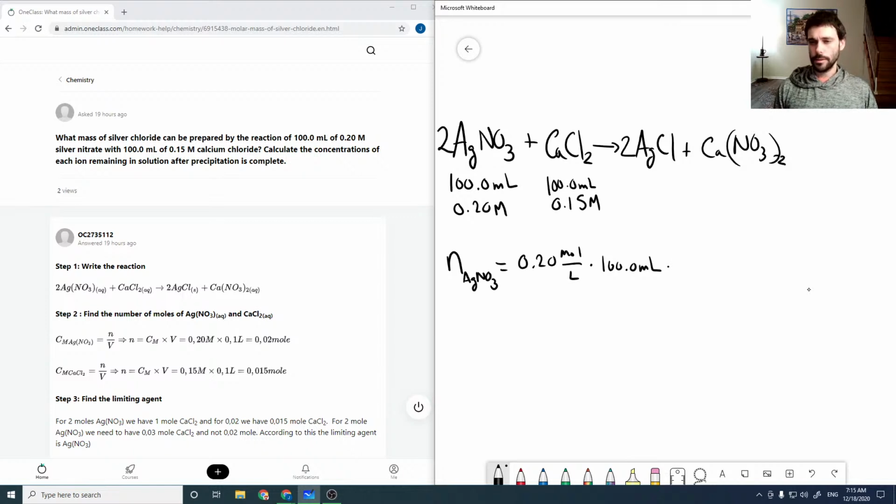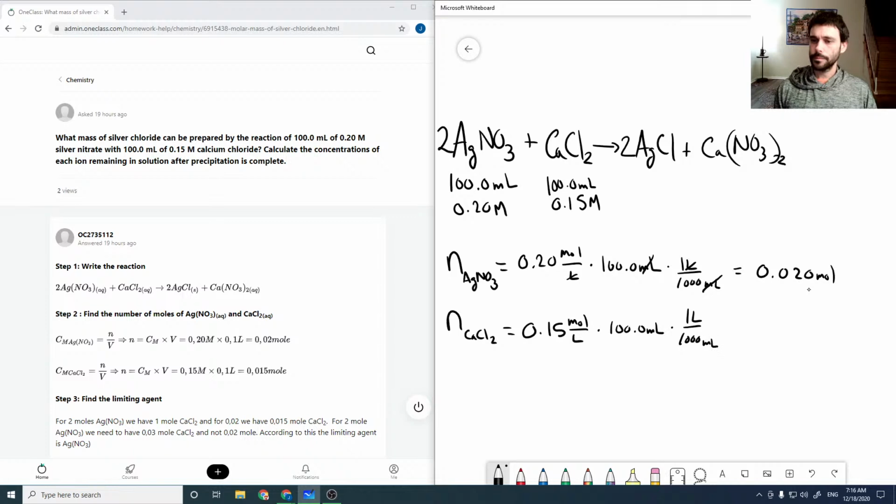This needs to be in liters, so 1 liter per 1,000 mL. Then our mL will cancel and our liters will cancel, and we get an answer in moles, which is just 0.020 moles. Now if we check our moles of calcium chloride, it's 0.15 moles per liter times 100.0 mL times 1 liter per 1,000 mL, which is just 0.015 moles.